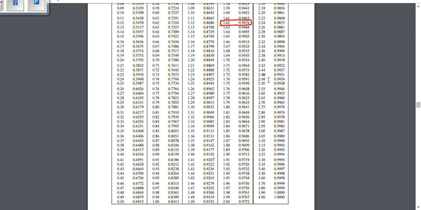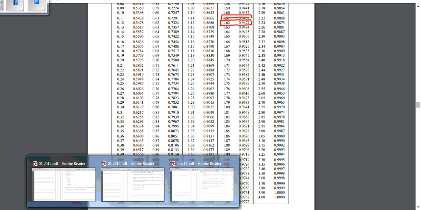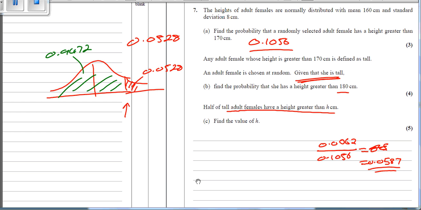That's 0.9474, because 1.61 gives us a value that's further away. So for 0.9472, the closest is 1.62, so that's what we use. The z value is 1.62.